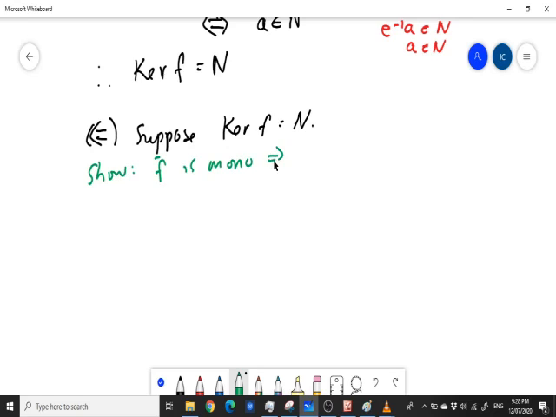It's the same as showing that the kernel of f bar is just the identity, the trivial subgroup. So kernel of f equals n.